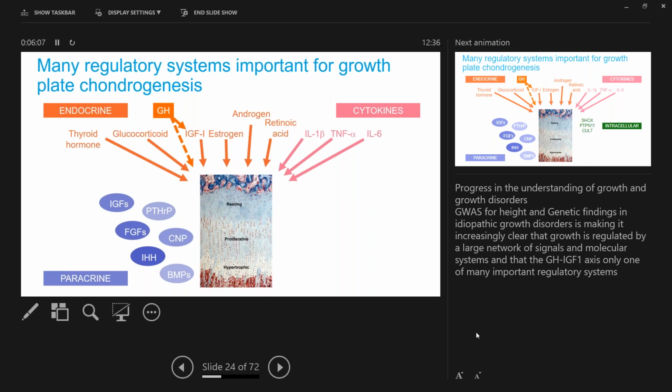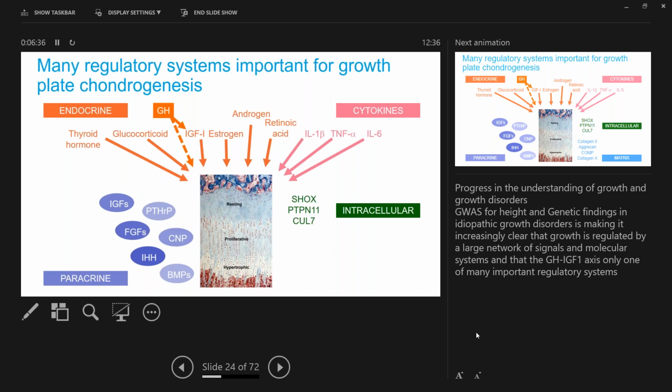So there are paracrine factors, and here I'm just listing some of the very important paracrine factors like IGFs, Indian hedgehog, and PTHrP, which forms an important regulatory system to control the length of the proliferative columns. Fibroblast growth factors, C-type natriuretic peptide, and I'll get back to some of these.